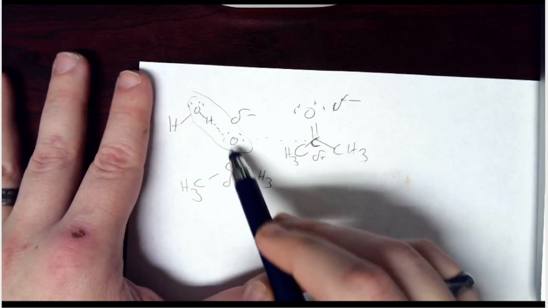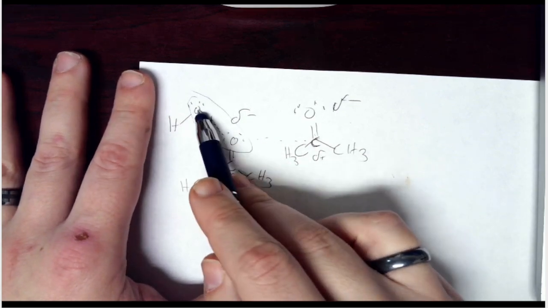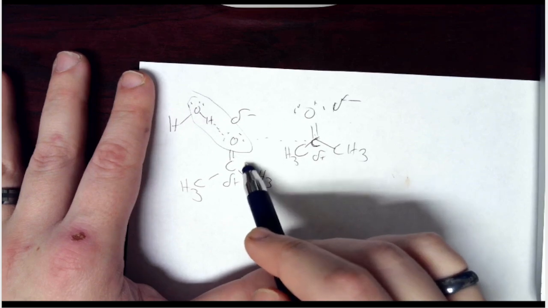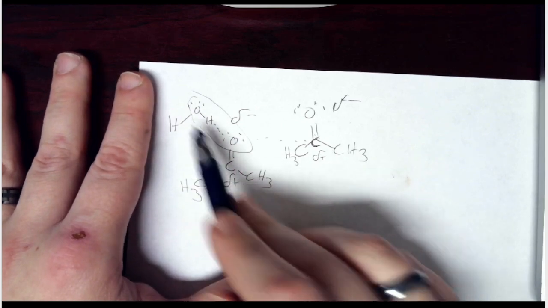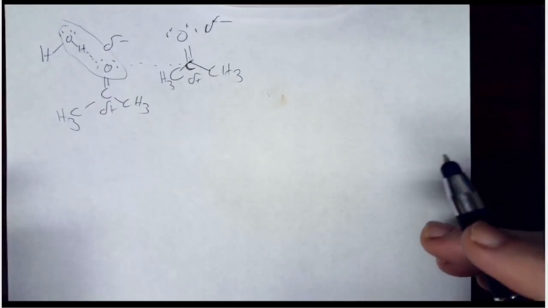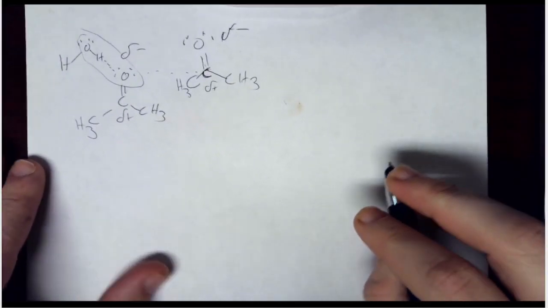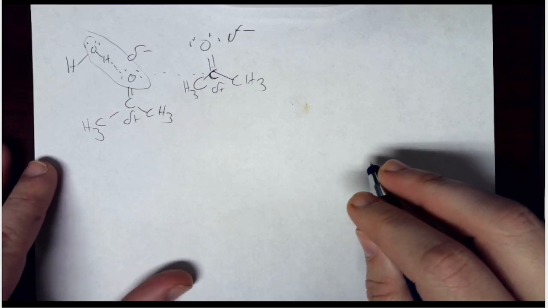That's what I mean when I say this guy can hydrogen bond to this molecule, but it cannot hydrogen bond to itself. Water can hydrogen bond to itself, and it can hydrogen bond to any other molecule that contains an O, an N, or an F.